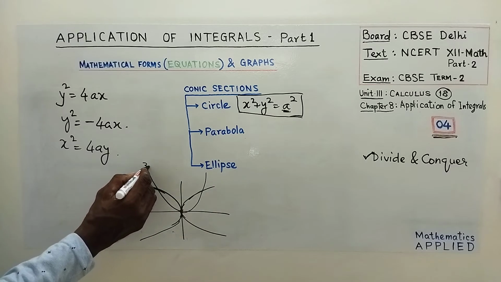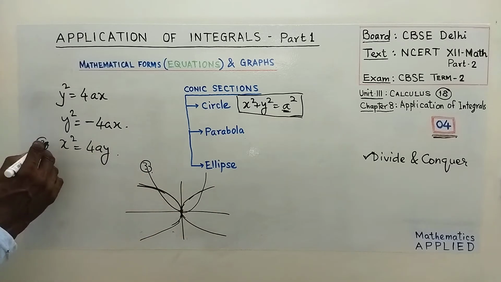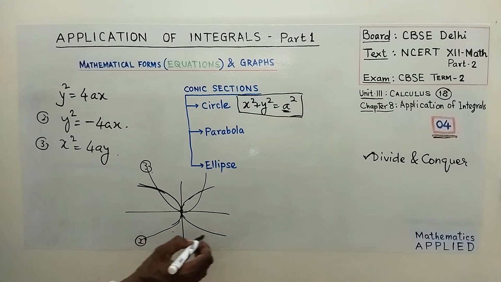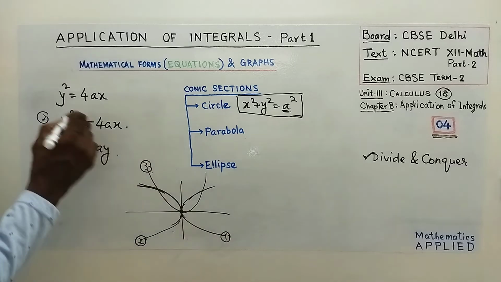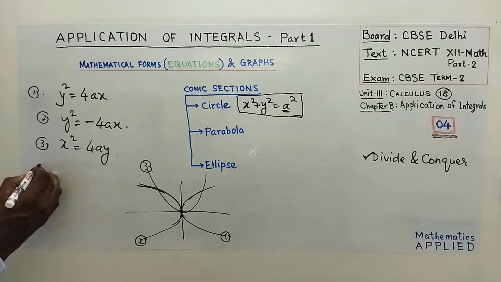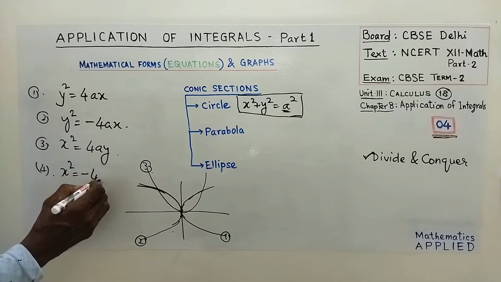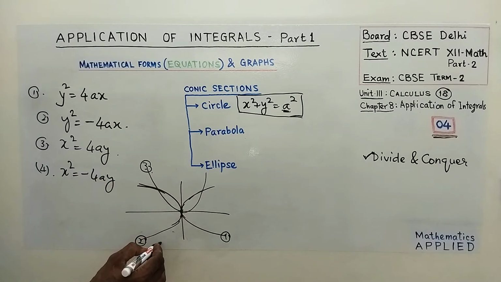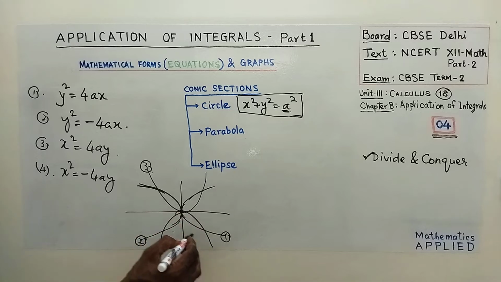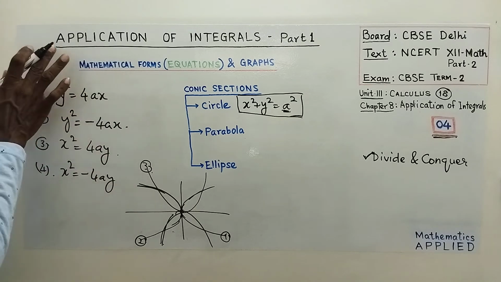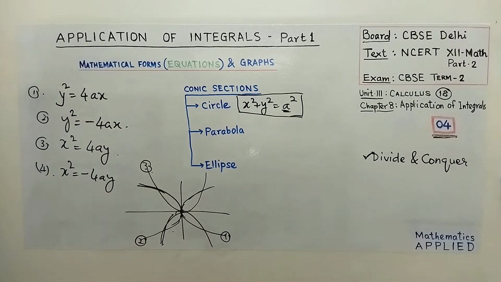This is the third one, this is the second one, and this is the first one. What is the fourth one remaining? That is x square equals minus 4ay, and that curve is going to be like this. So these are the 4 different parabolas in the content for application of integrals.